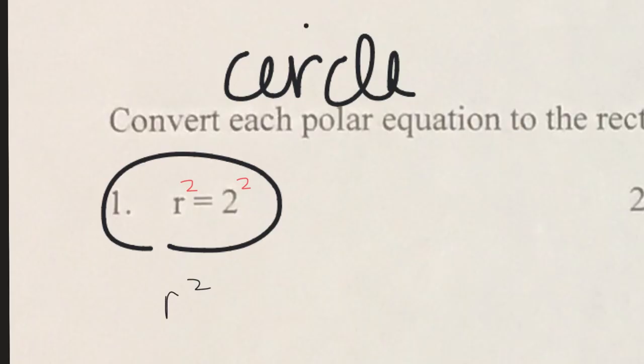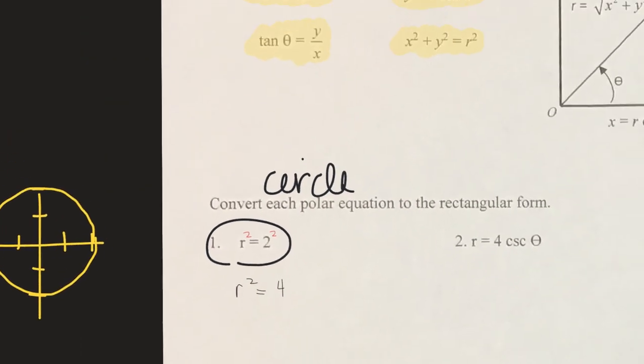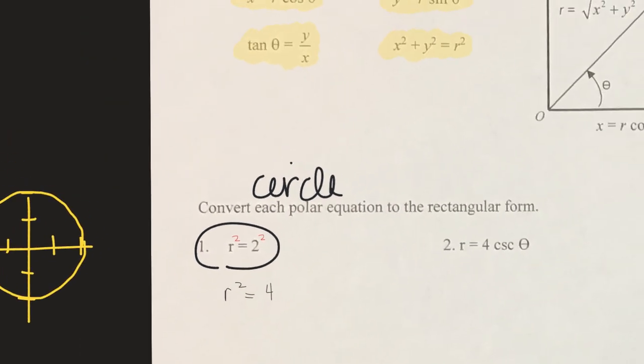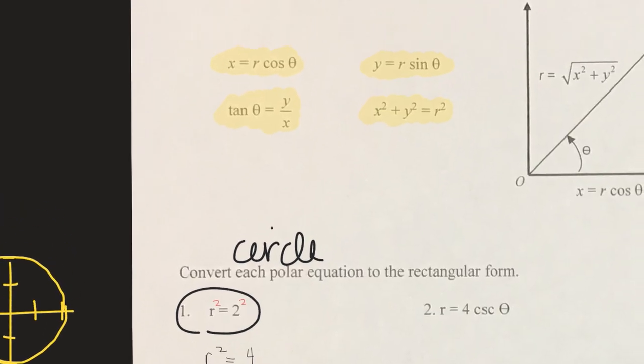So r squared equals 4. Okay? If radius equals 2, then r squared equals 4. Both of those are true mathematical statements. So now that I have r squared, I can do my substitution. What does r squared equal? X squared plus y squared.